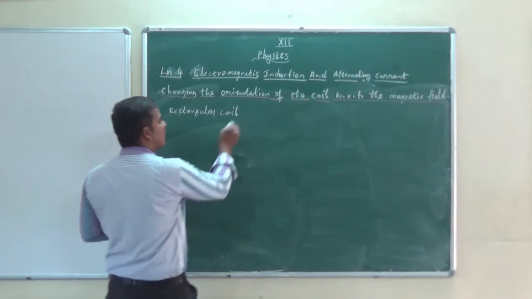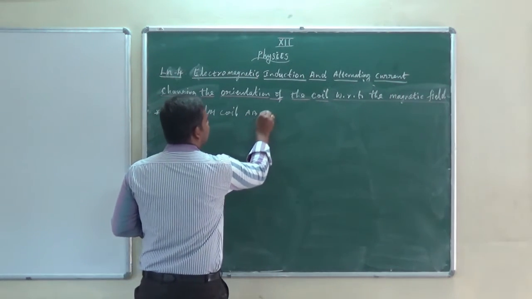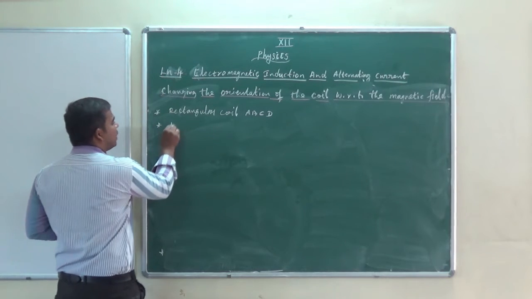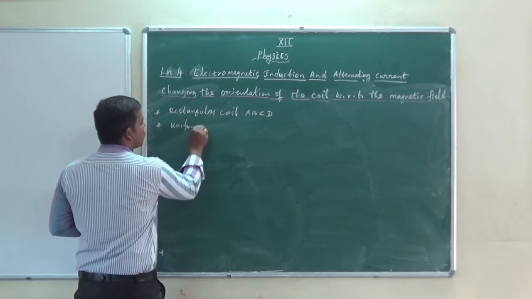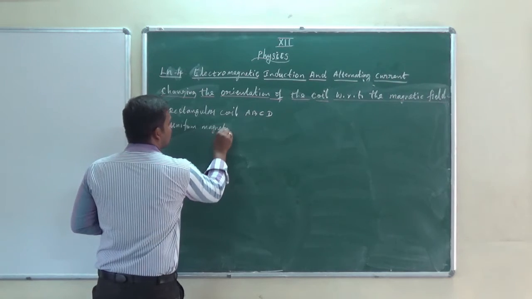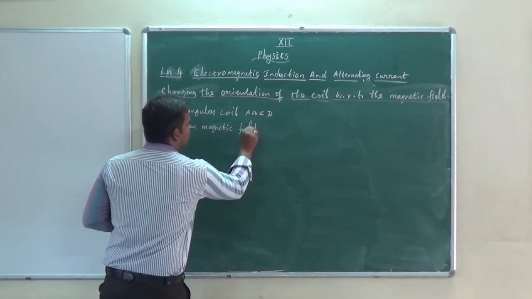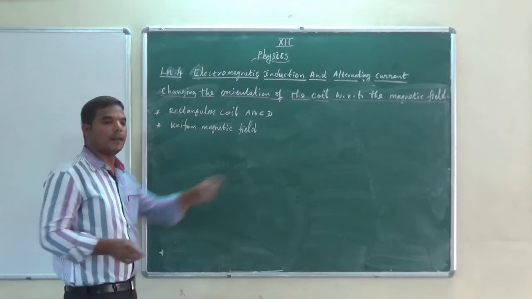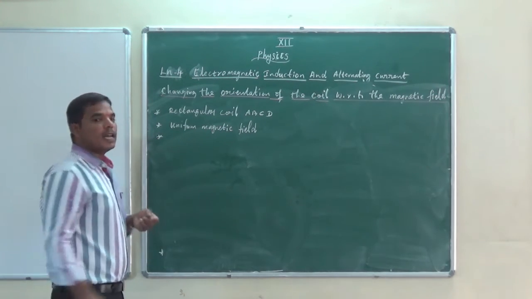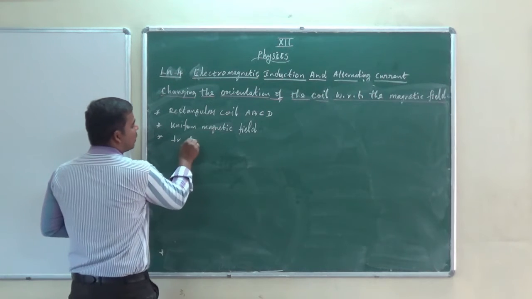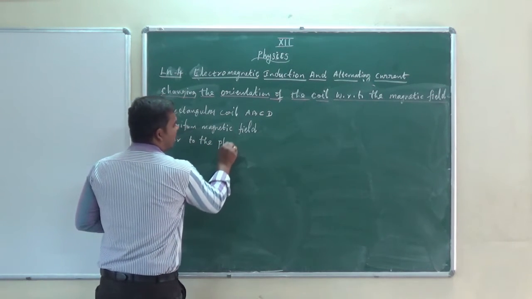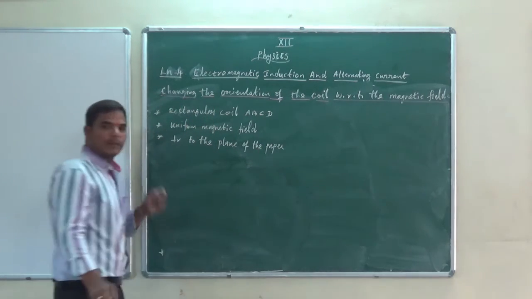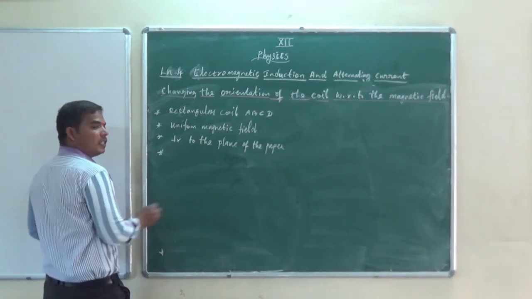Suppose I am given a rectangular coil ABCD. That rectangular coil is placed in a uniform magnetic field. The uniform magnetic field is perpendicular to the plane of the paper, acting inwards.